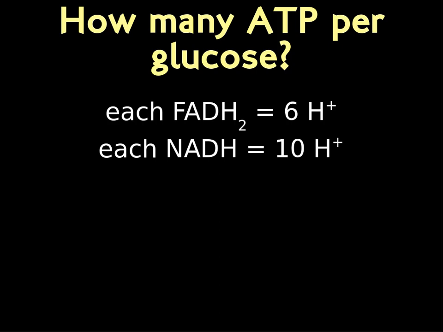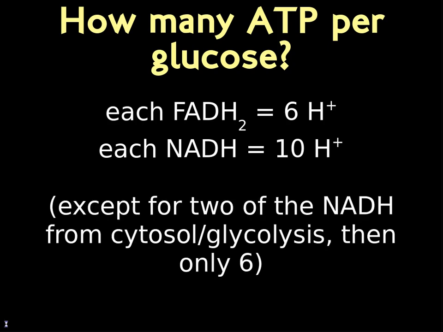For every NADH, we get 10 protons. But there's a slight exception to the second one. The net that we get for the 2 NADH from the cytosol glycolysis is only 6 for each NADH from glycolysis.